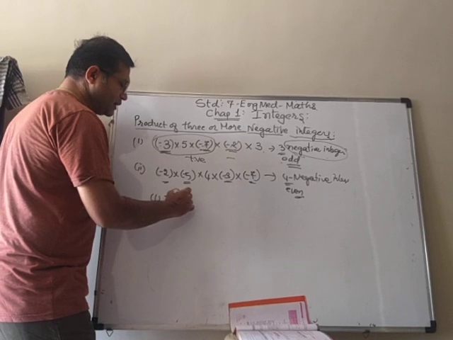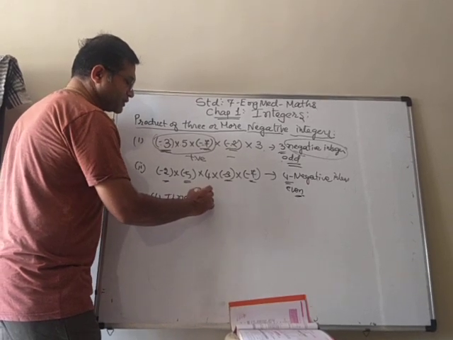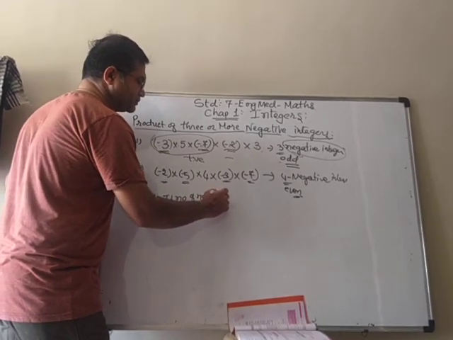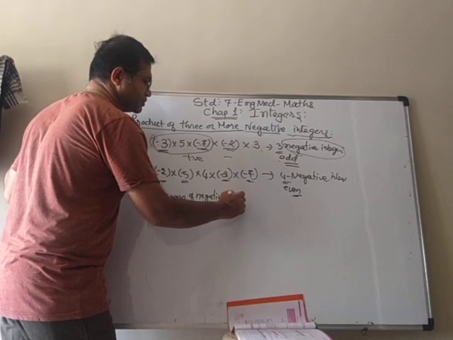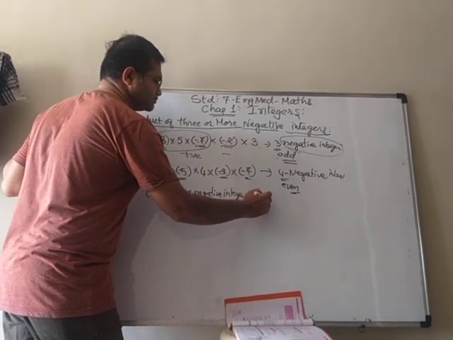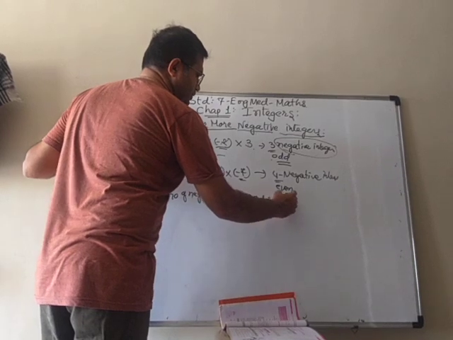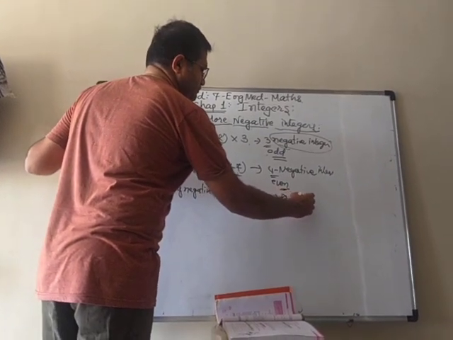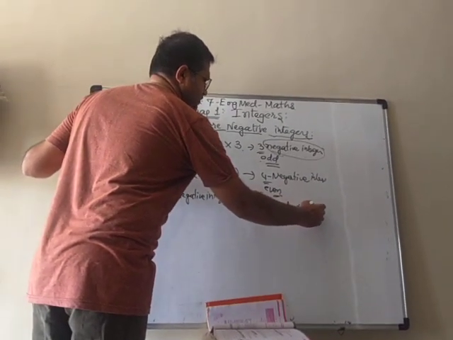If the number of negative integers is odd, then the product is negative.